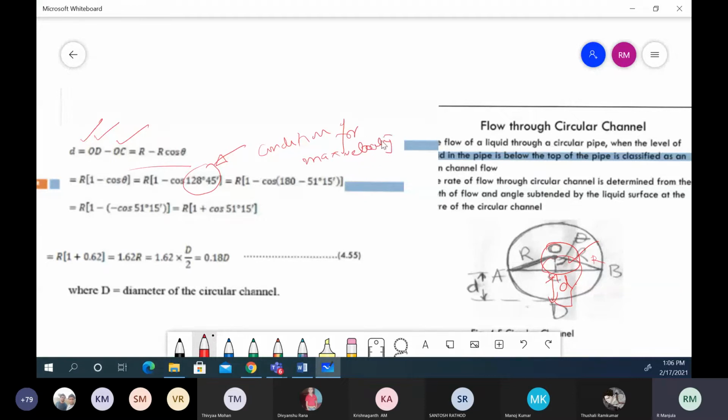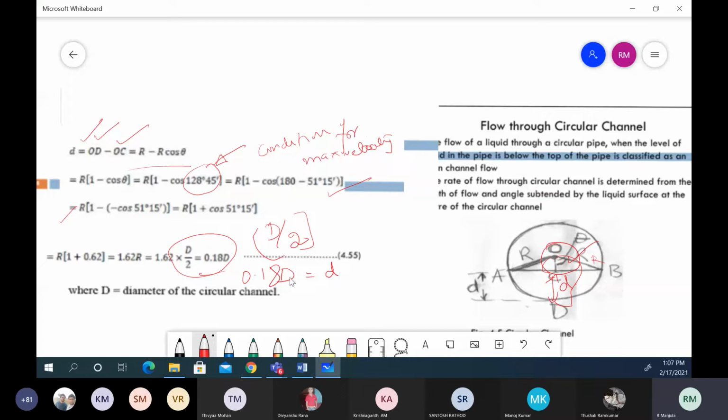Now, on substituting this, what could be your D? D is the depth of flow. So we get it in terms of R, and R you replace in terms of D by 2. Now we are getting it in terms of depth. What is the depth? Small d is going to be 0.81 times D. Small d is nothing but your depth of flow.